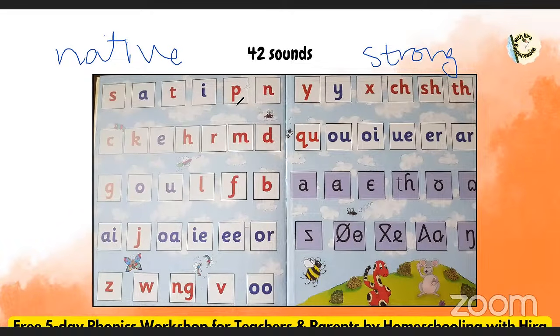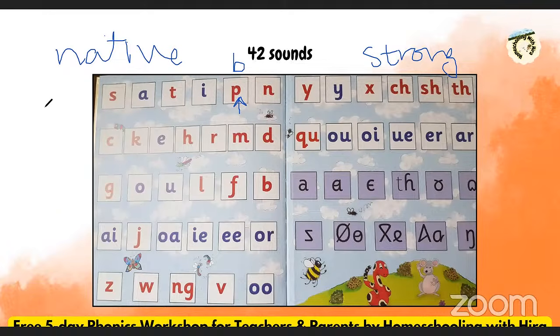For example, if I talk about an Arabic speaker child and I ask him to say the sound of letter P, p, so he ultimately ends up saying b, because his articulation at the time when he was learning the language was not done like this.